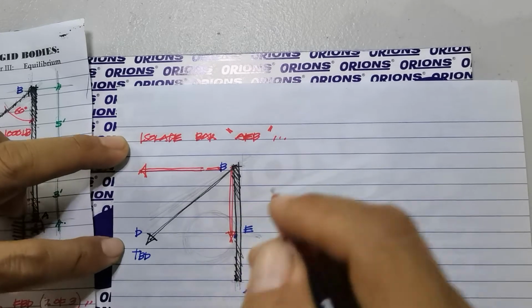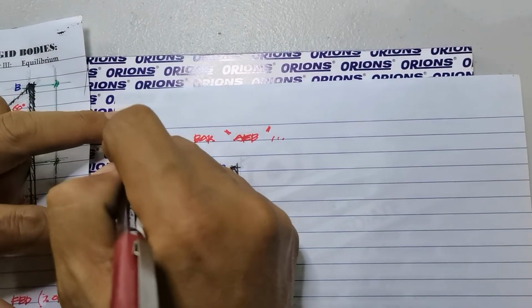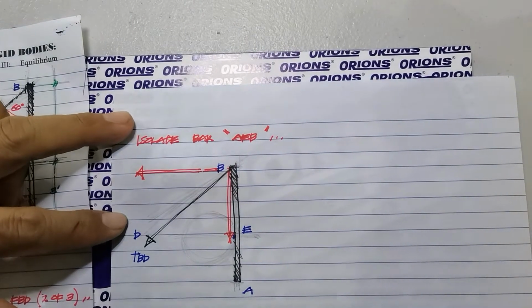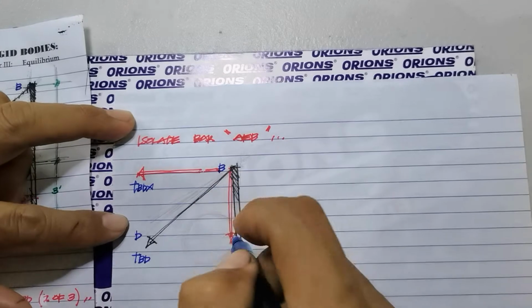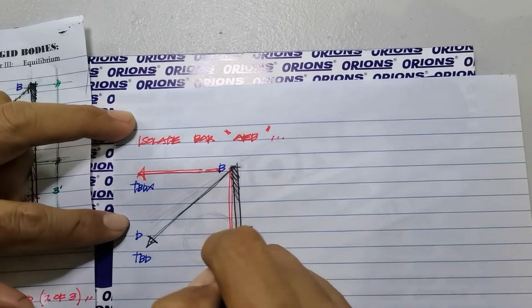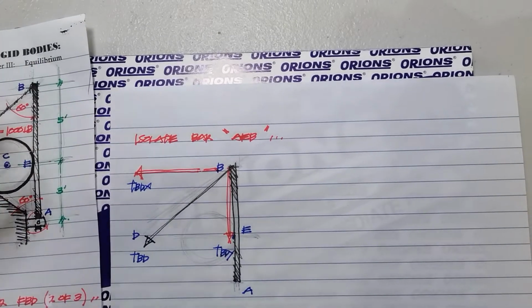Then, eto. So, ito is labeled as TBD of x, ito naman is labeled as TBD of y.